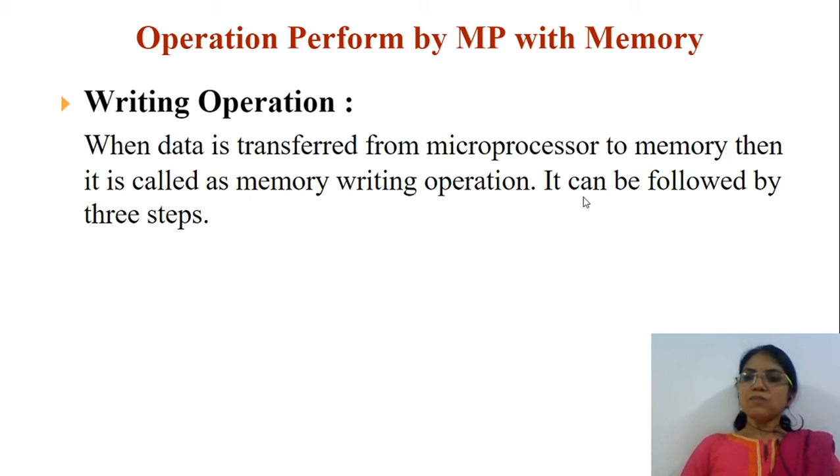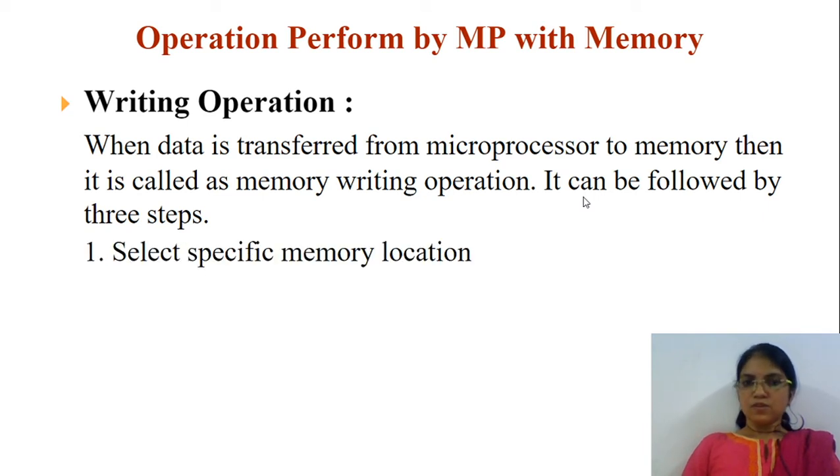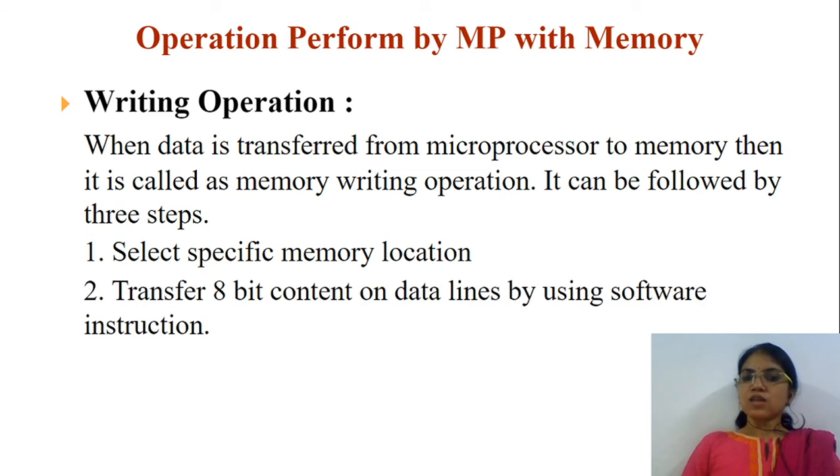It can be performed by 3 steps. For transferring any data to the memory, we need to carry out these 3 steps. First step is to select the specified memory location. Second step is to transfer 8-bit content on data lines by using a software instruction.